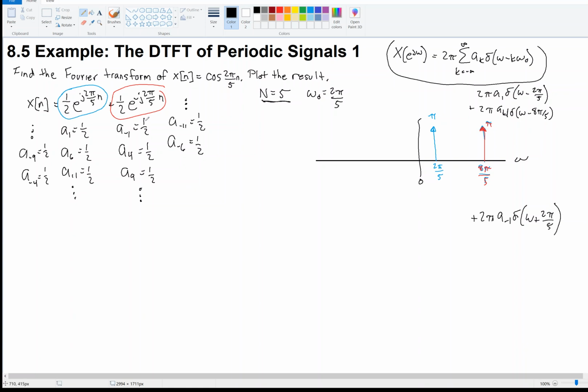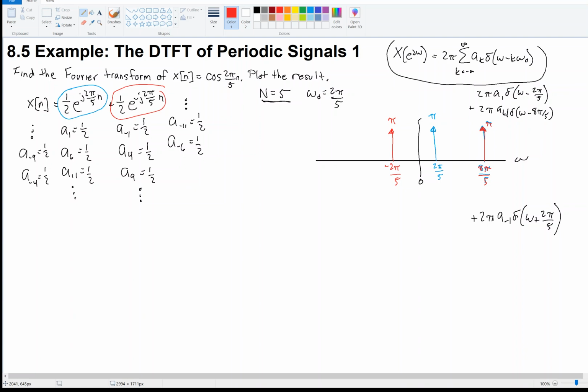So this guy is over here, so this is red. 2 pi times 1/2 is pi, times an impulse that's been shifted to the left by 2 pi over 5. So maybe that's right here. Scaled by pi, at minus 2 pi over 5. So the two red impulses differ by 2 pi, and so they're the same frequency in red. That's why there's energy at both of those frequencies.